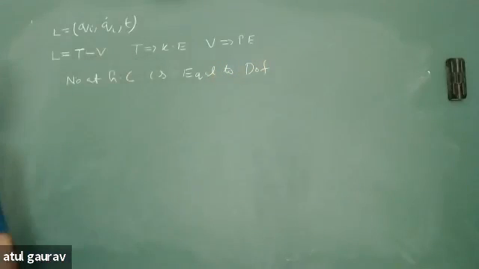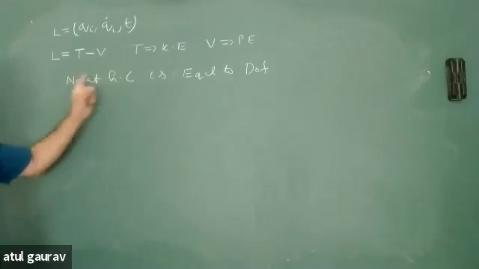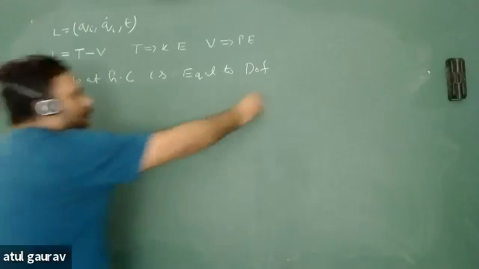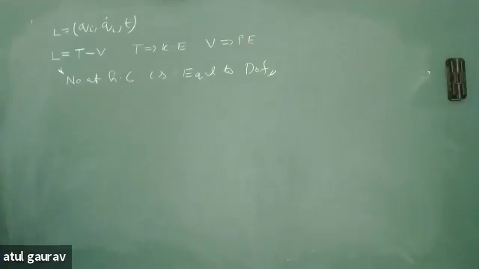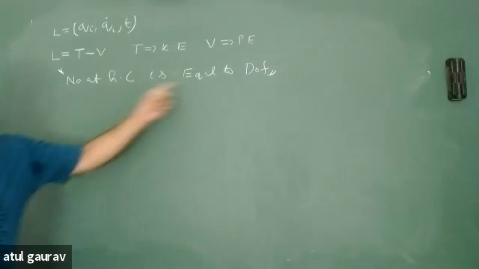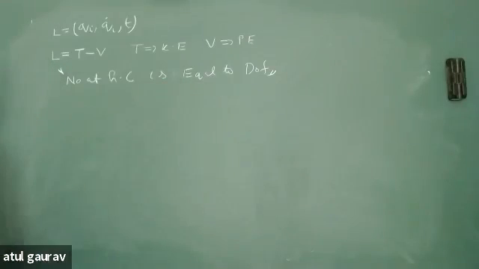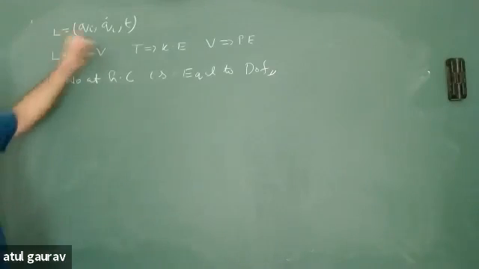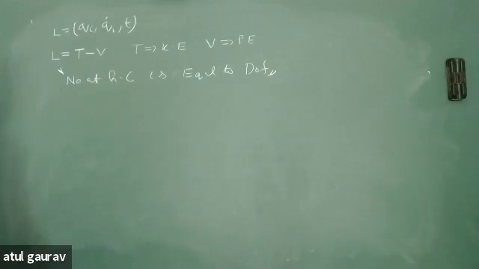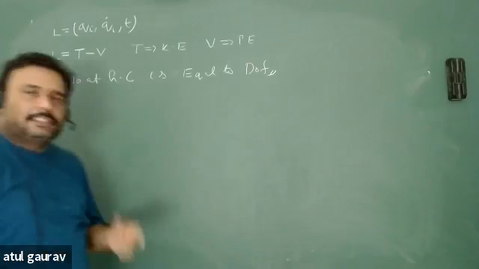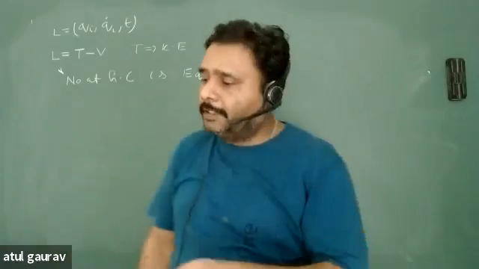You have to always keep in mind, please, that the number of generalized coordinates must be equal to the number of degrees of freedom. Then only you can define the Lagrangian, because the Lagrangian is a function of generalized coordinates and generalized velocities.